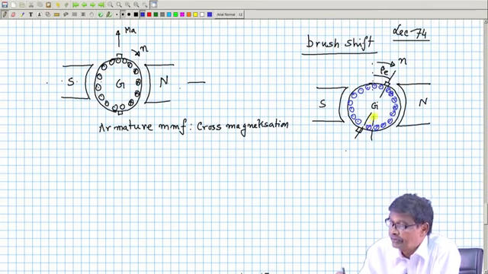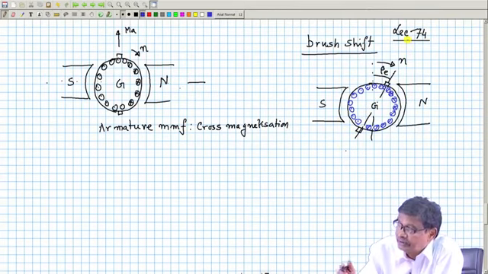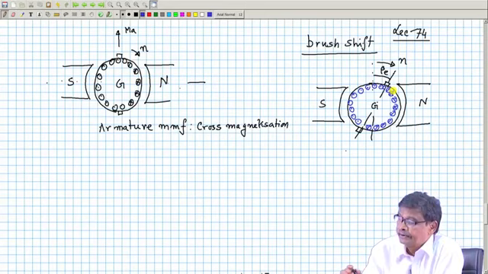Up to this point cross, and here is the conductor which passes this magnetic neutral axis. It will be the quadrature axis, which is now shifted here. So, you give some brush shift. Why have I given the brush shift?